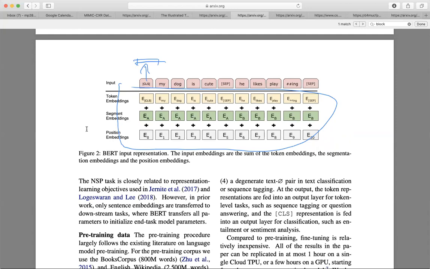So the linear layer goes through a softmax, and then you have a cross-entropy, or negative log likelihood objective function. And you don't just train this part with the true labels. You train the entire BERT model.